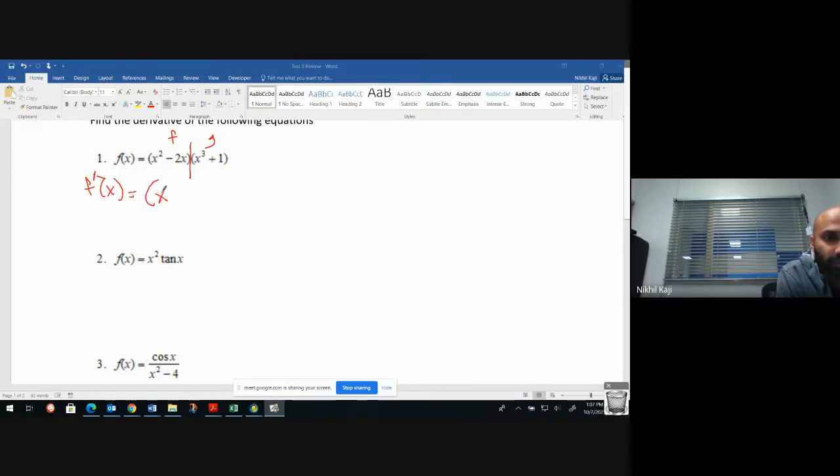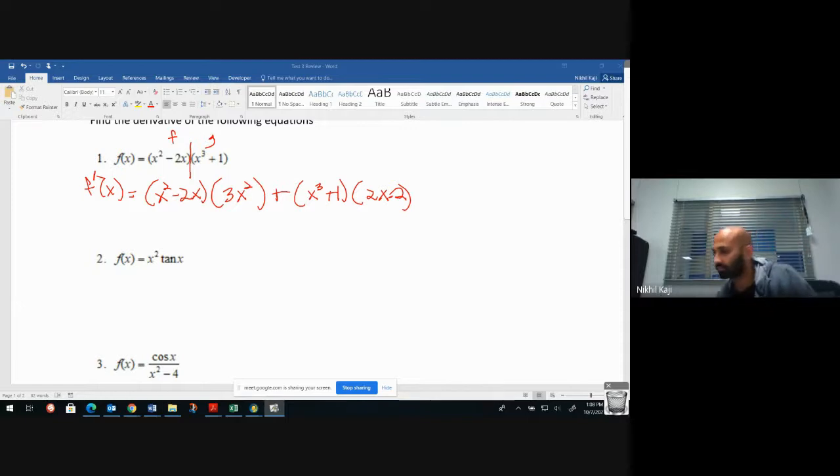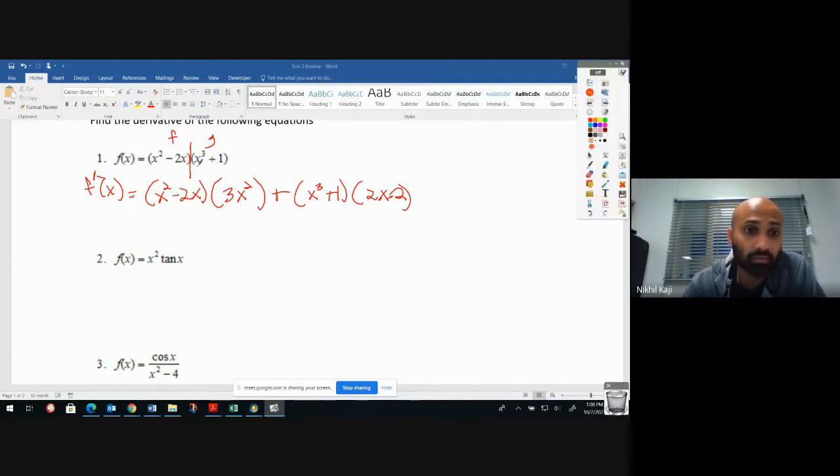F g prime plus g f prime. It's a minus. And that's it. So here we just have to know that we have to use product rule. We didn't have to use chain rule at all. So be careful.